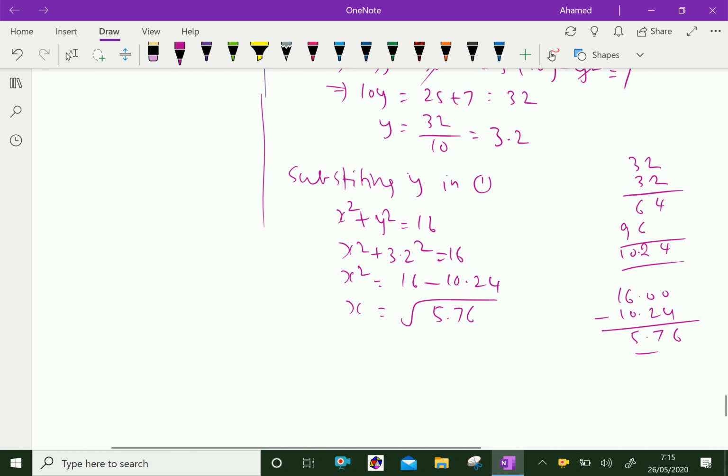Therefore x is square root of 5.76, which is 2.4.